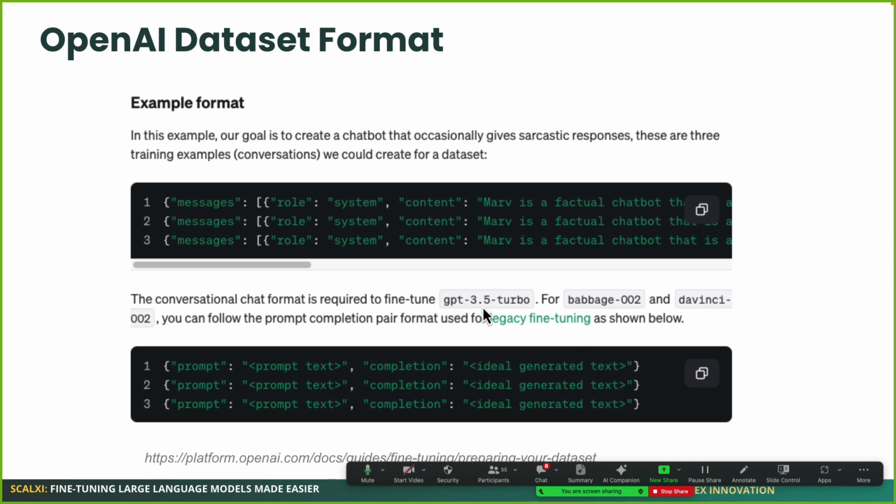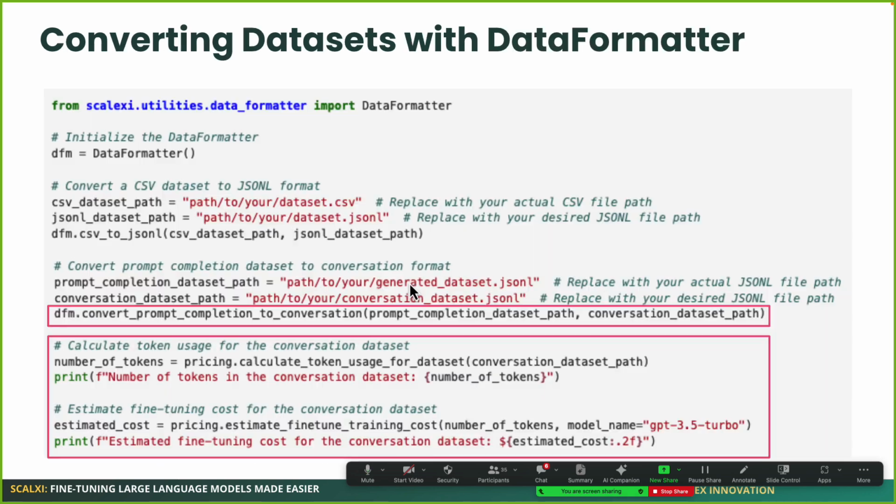And GPT-3.5 Turbo, which is a conversational model, is fine-tuned on a different type of structure, which takes a system role and a user role. So now the problem is that we have a CSV file of type prompt and completion, and we want to convert it into a conversational data set.